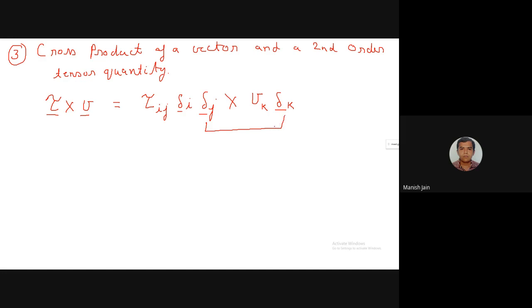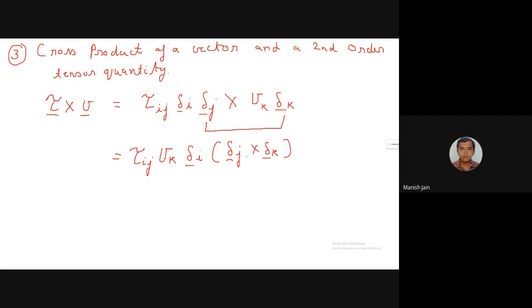You cannot take the cross product between del i and del k. The cross product will only occur between del j and del k. The magnitude will be multiplied, tau ij vk. These are the magnitude. Then you have del i that will remain as it is, and you have the cross product between del j cross del k.